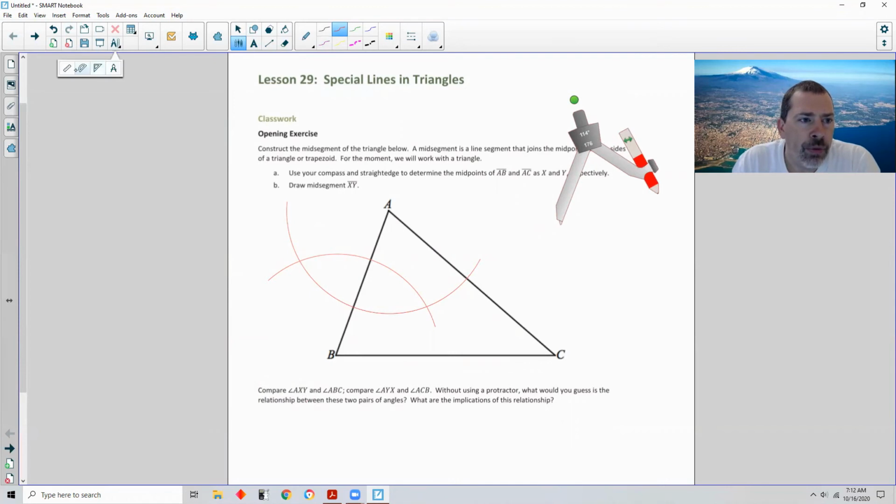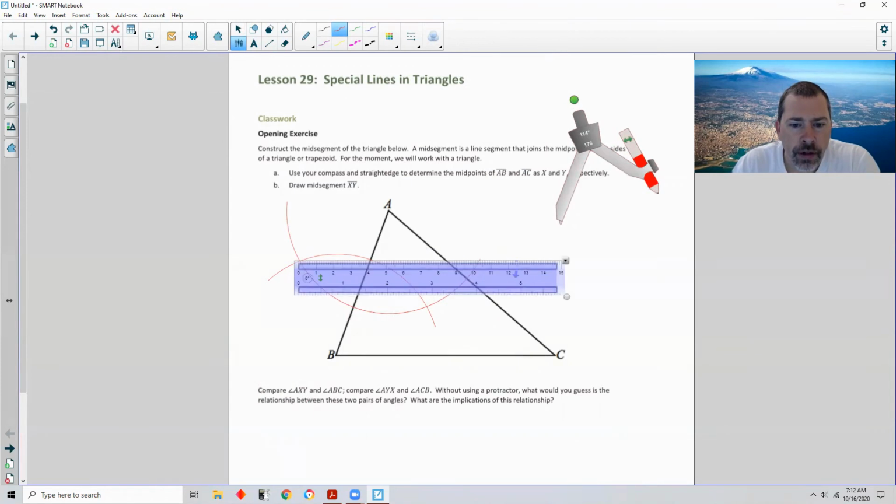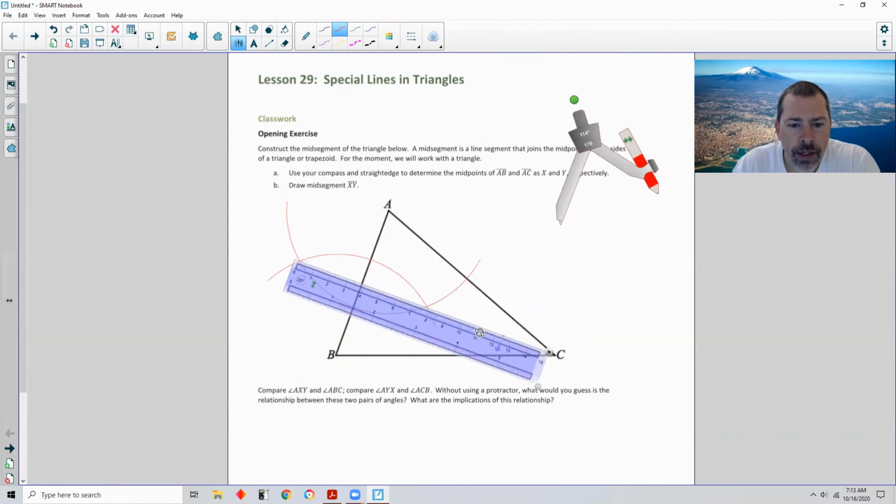Then I get my ruler, bring it down, and draw a segment through that. And I'm only interested in where it crosses, but I will draw it from point to point, just showing you how that was constructed.